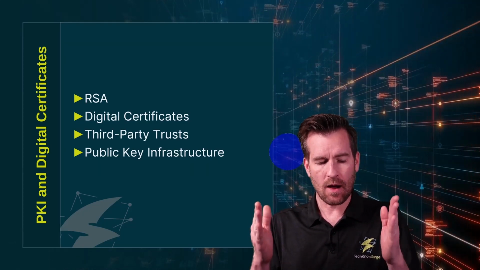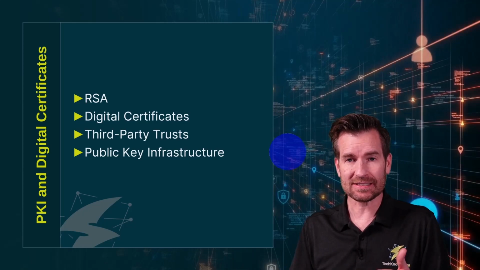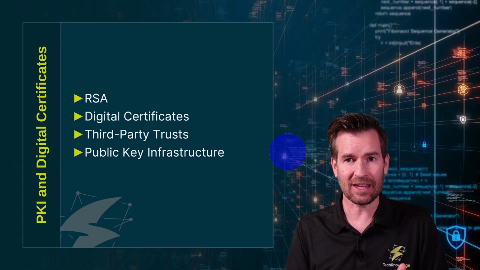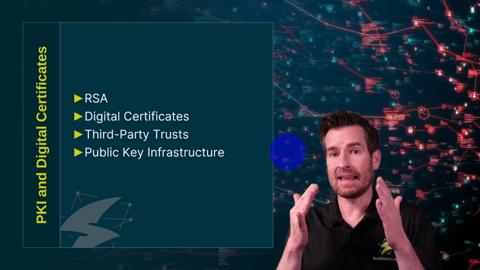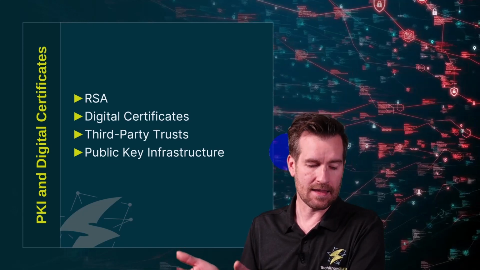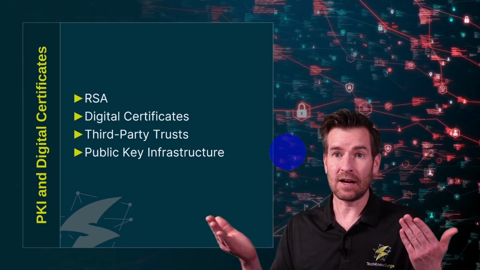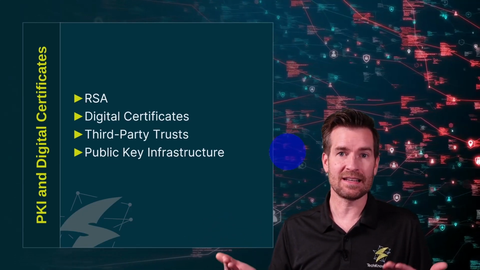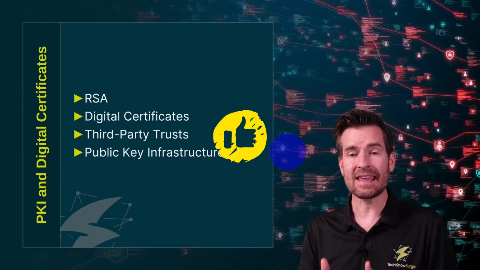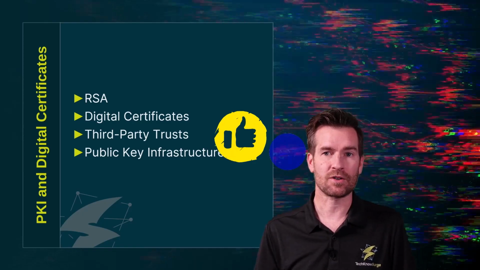We took a look at what a third-party trust looks like, where we both trust a third party who validates that certificate, and the fact that I can then decrypt that data that was encrypted by the private key. It provides me a certain amount of authenticity and also integrity. So that is public key infrastructure and how public key infrastructure is set up.